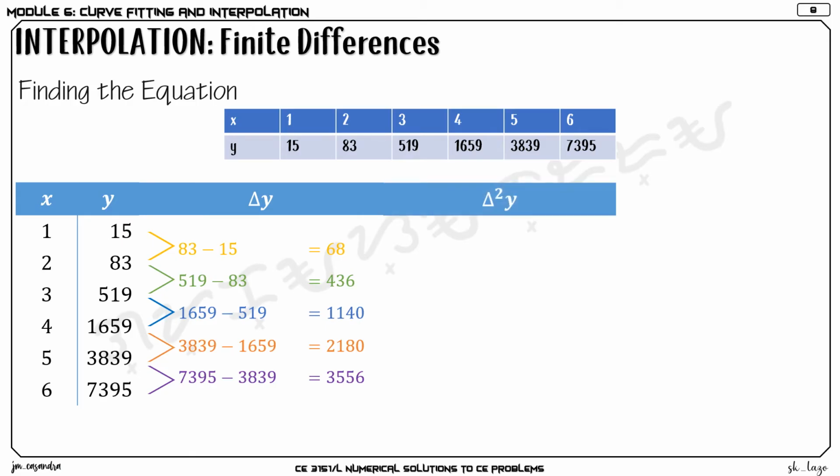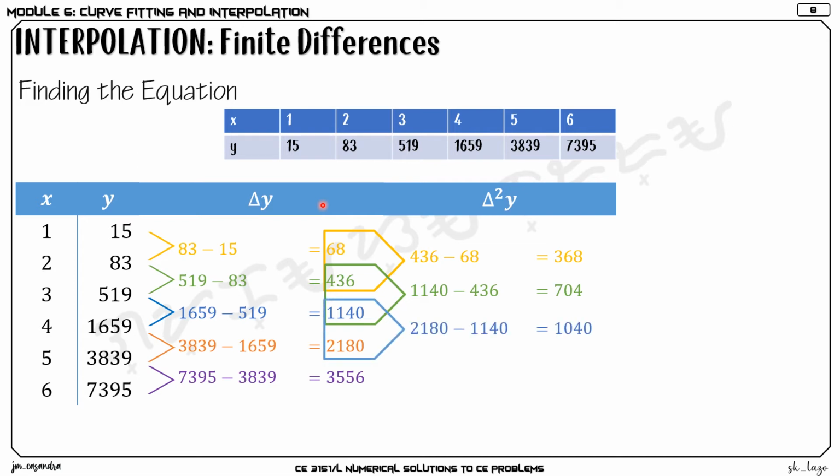So next step is to determine the second difference by simply taking the differences of the first difference. So we have now 436 minus 68, which is equal to 368, followed by 1140 minus 436 is 704. 2180 minus 1140 is 1040. And 3556 minus 2180 is 1376.